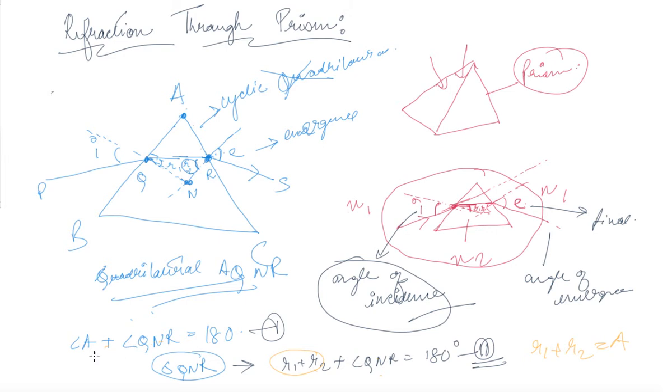So angle A is equal to angle R1 plus R2. Or if you want this result, straight away subtract equation 1 from equation 2. You will have A minus R1 minus R2 is equal to 0 degree. This implies A is equal to angle R1 plus angle R2.